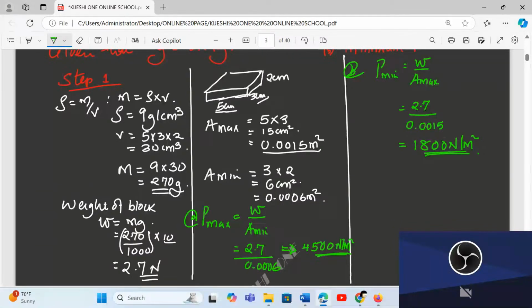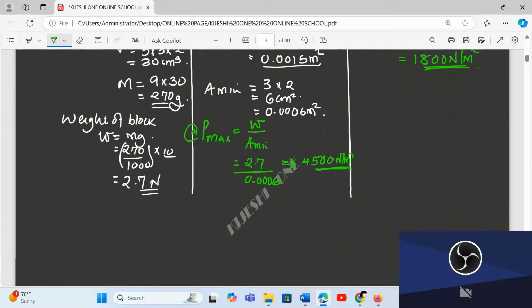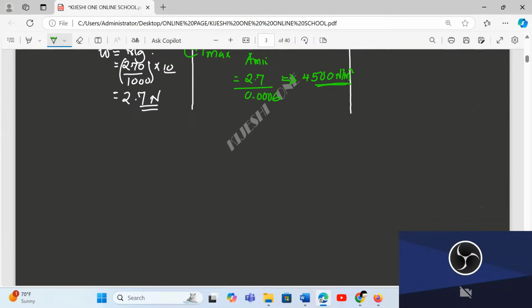We can now look at factors affecting pressure in solids.